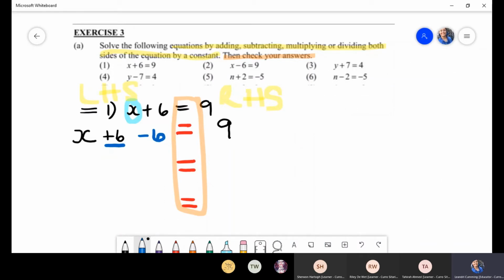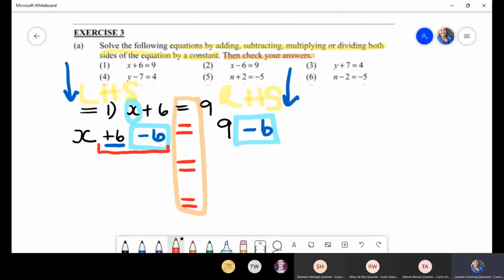But because it's a scale, what I do on my left-hand side, I have to do on my right-hand side, and that I manipulate equally on both sides by applying minus 6 on both sides. This allows me then to see that plus 6 minus 6 leaves me with 0. And I have x.